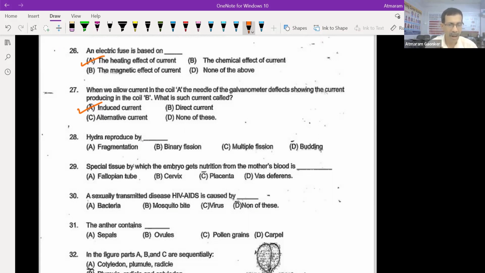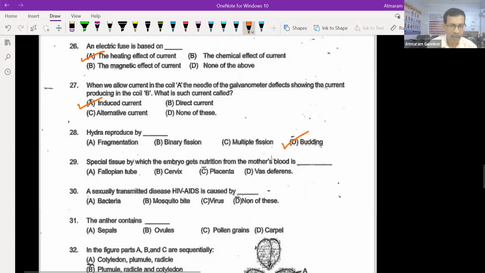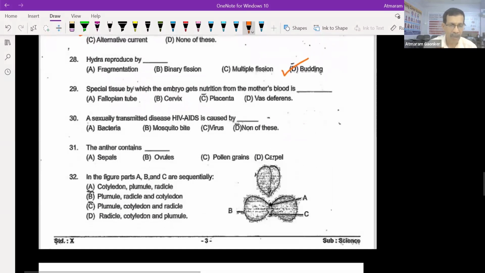The next one, question number 28. Hydra is produced by, we already know, budding. So this is an information level question. The tissue by which the embryo gets nutrition from the mother's blood is, again, information level, the answer is placenta.